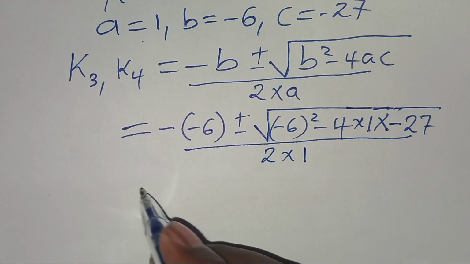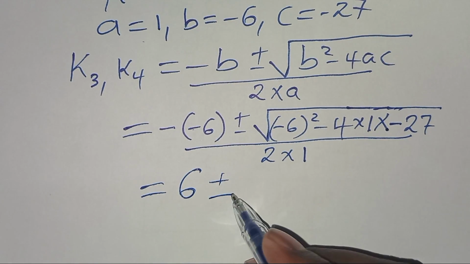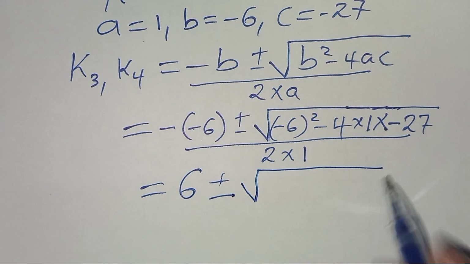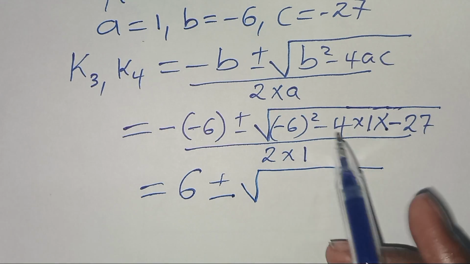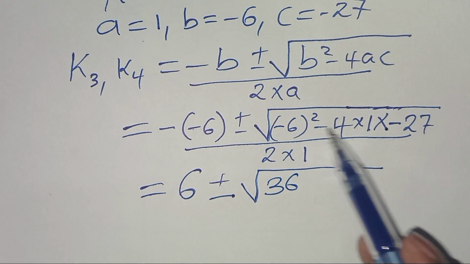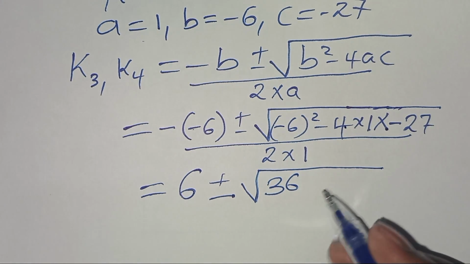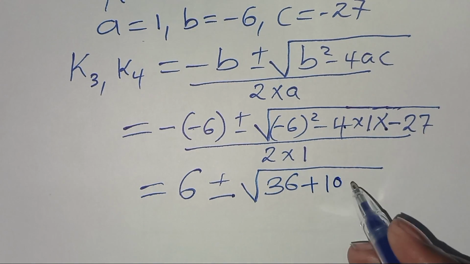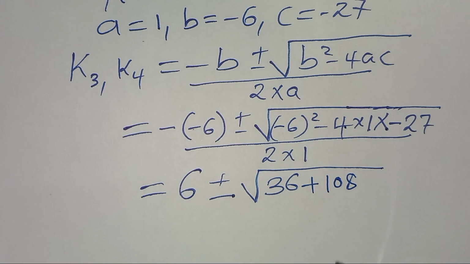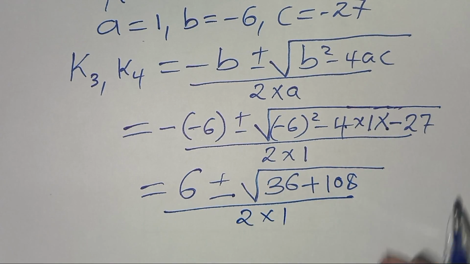The next step here, we have negative times negative 6, this is actually 6 plus or minus. Now, we have the square root of negative 6 squared, which is equal to 36. Now, we have negative 4 times negative 27, and this is plus 108. Okay? All this divided by 2 times 1.